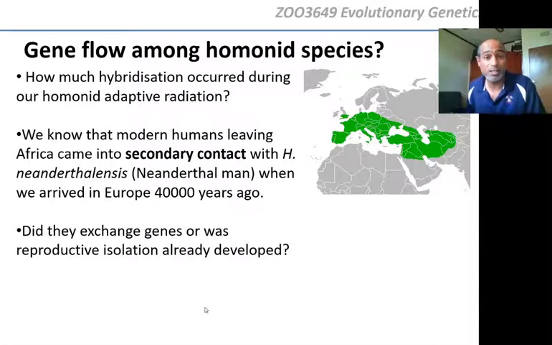The question is, did we modern humans exchange genes with Neanderthal when we came into contact with him in Europe? Or was the reproductive isolation already developed? In other words, there could not be any gene flow.